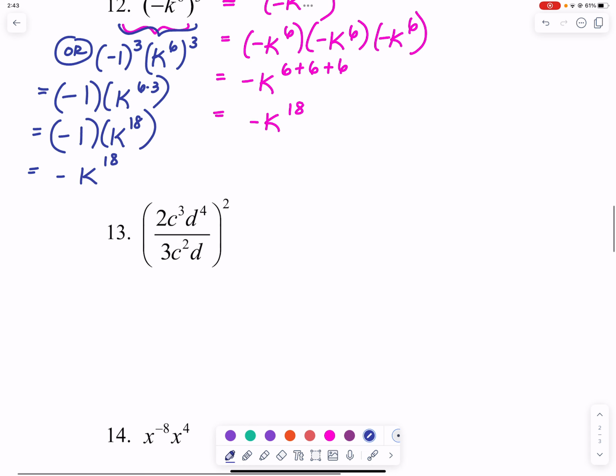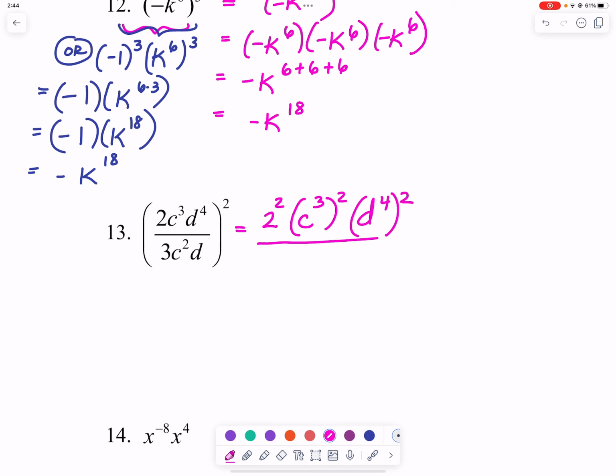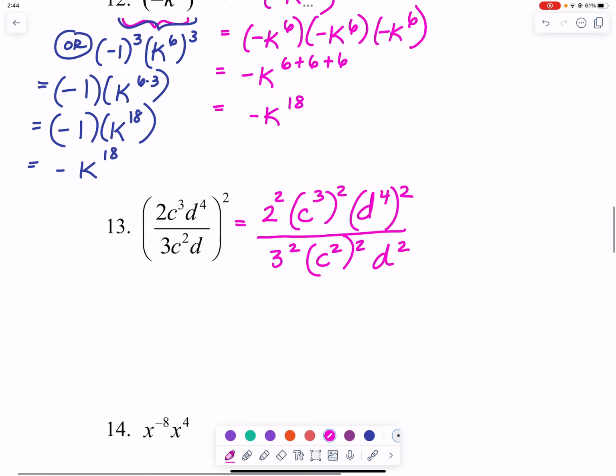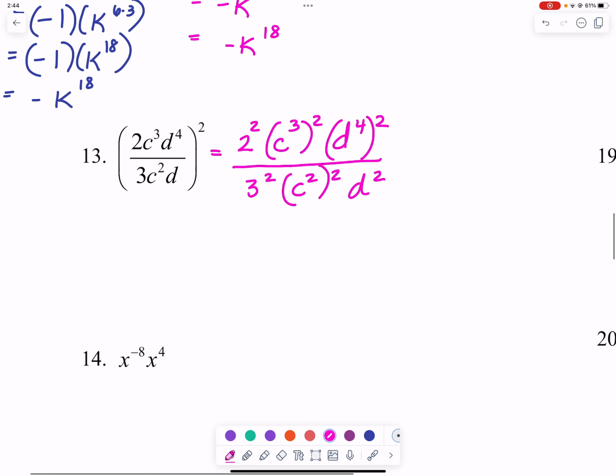Okay, let's look at number 13. Every factor is going to be squared. And there's a couple of ways that you can do this. So my way isn't the only way. And here, as you can see, we have 4.